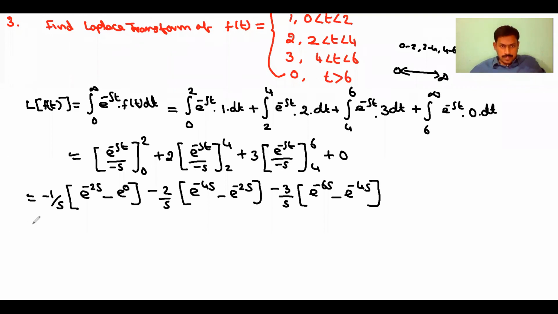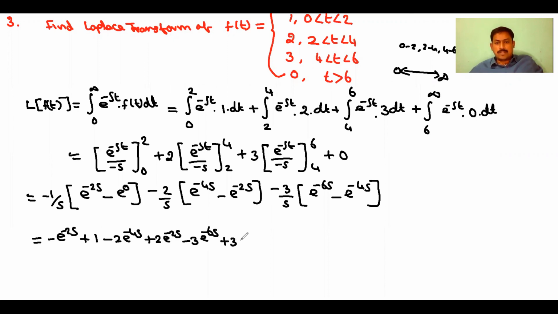If you simplify this, you get minus e power minus 2s, minus of minus plus e power 0 which is 1. Here minus 2 e power minus 4s, minus of minus plus 2 e power minus 2s. Here minus 3 into e power minus 6s, minus of minus plus 3 e power minus 4s, whole thing divided by s. Since s is common, we can take it out.